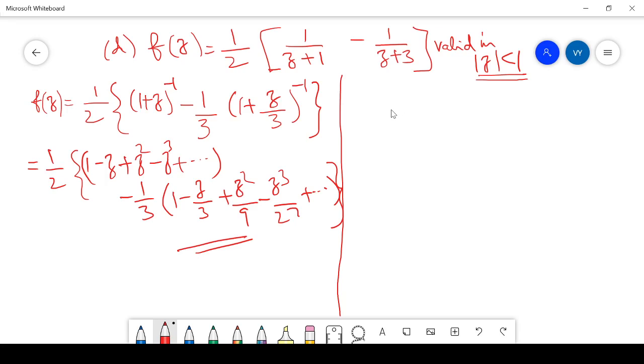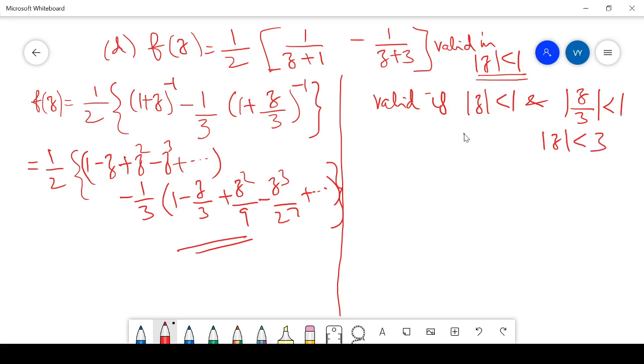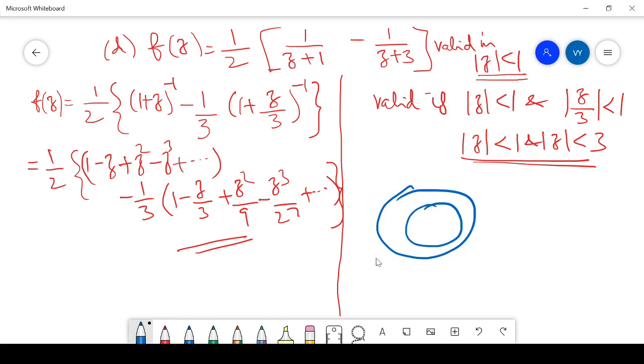Now I will test the validity. First one is valid if modulus of z is less than 1. And the second one is valid when modulus of z by 3 is less than 1 or mod z less than 3. So here when I take the common region, I will have the unit circle as the validity region.